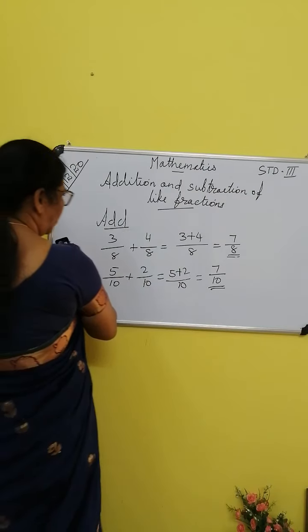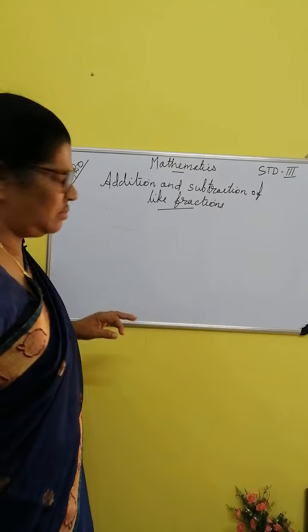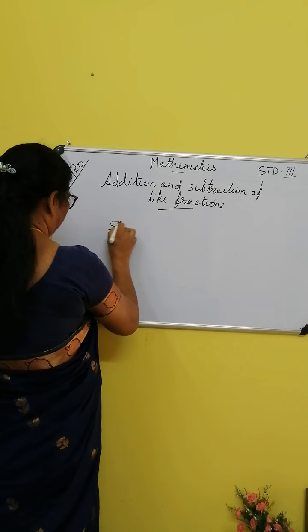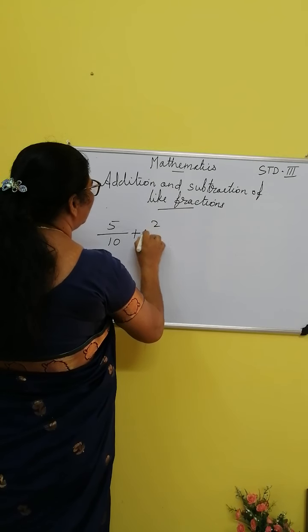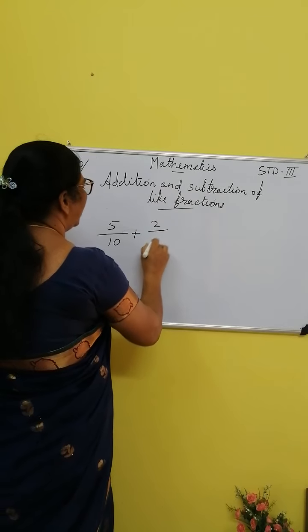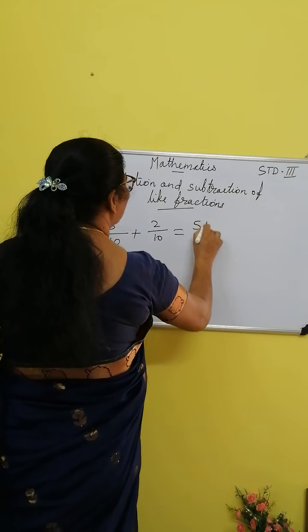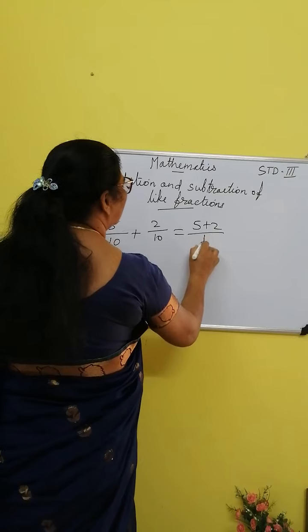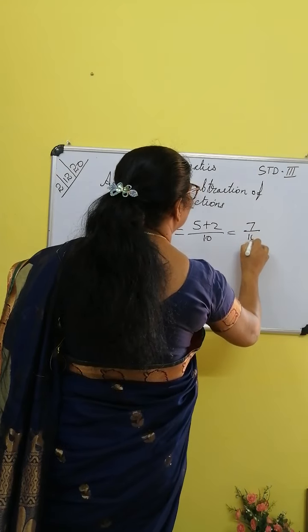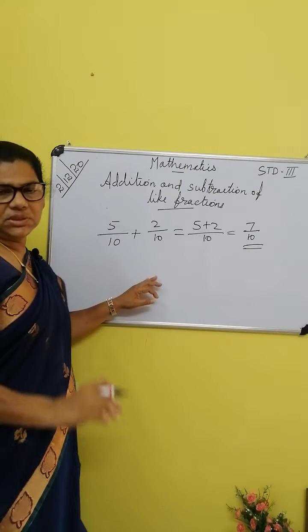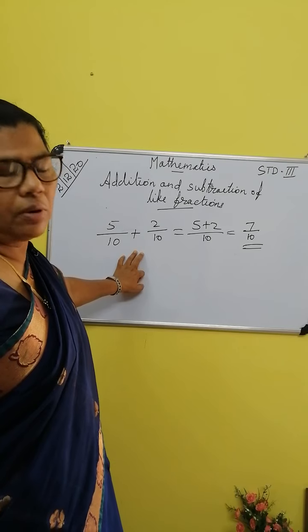Okay, one more I'll show you. 5 by 10 plus 2 by 10. 5 plus 2 by 10 equals 7 by 10. Okay, this is the way you do addition.